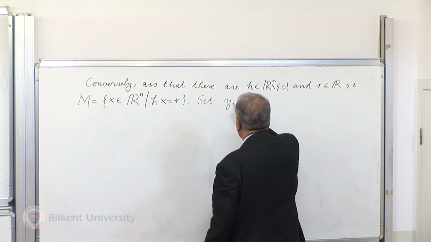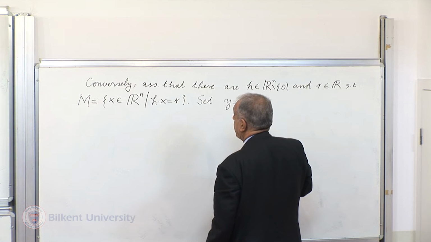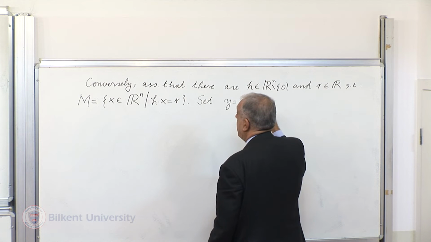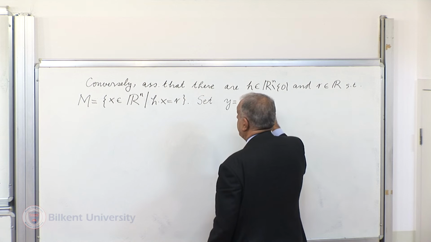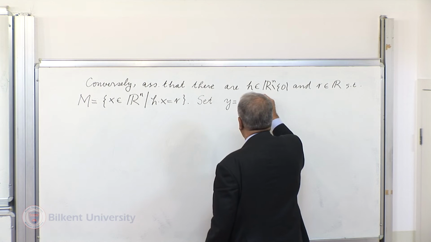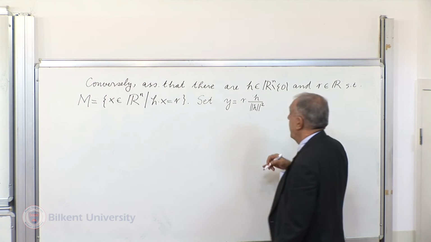Now set y equal to r times h over the norm of h squared.